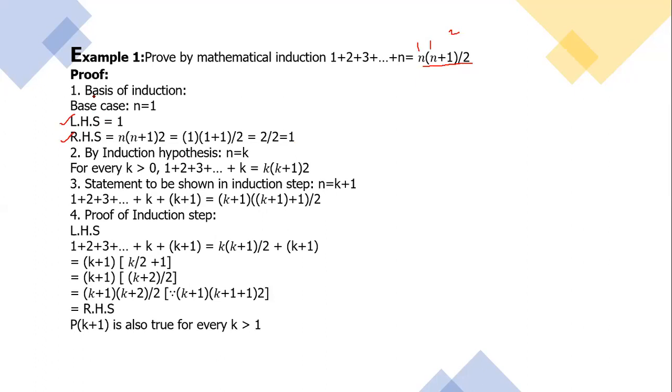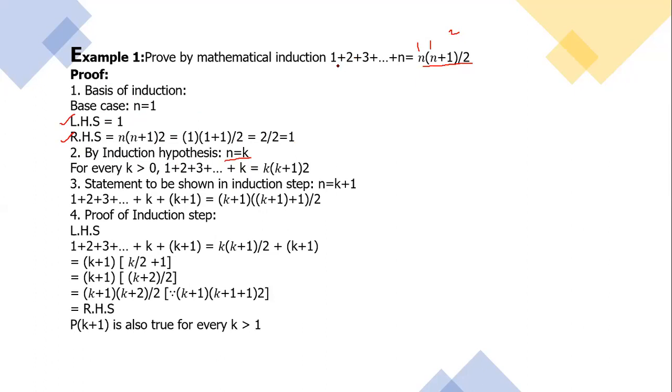Is it clear? So I'm going to do the next step. The second step is the induction hypothesis. Here I'm going to substitute the value n equal to k. Before that I substituted n equal to 1. Now I'm going to substitute n equal to k.